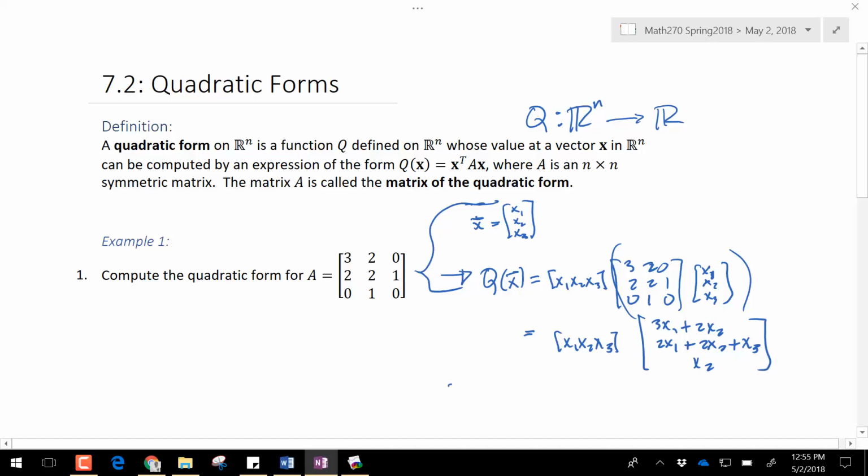And then when we do the second multiplication, we have a 1 by 3 and a 3 by 1, so it's going to be a 1 by 1, so that becomes a scalar.